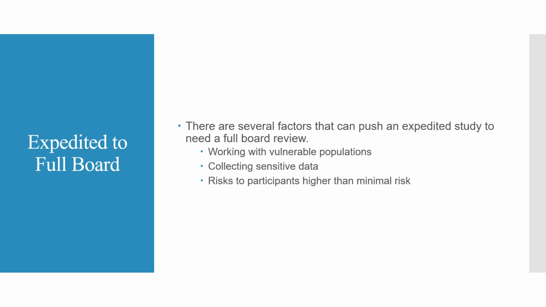Children are considered a vulnerable population, and that would automatically take your risk from minimal risk to a lot higher than that, causing us to have to do a full board review rather than the expedited study you would originally be applying for. Collecting sensitive data in your surveys could also be something that would cause you to go from an expedited study to a full board review. Again, just anything that's bumping that risk level up a little higher than minimal risk is going to cause you to need a full board review rather than expedited. So keep that in mind as you're applying for a study.